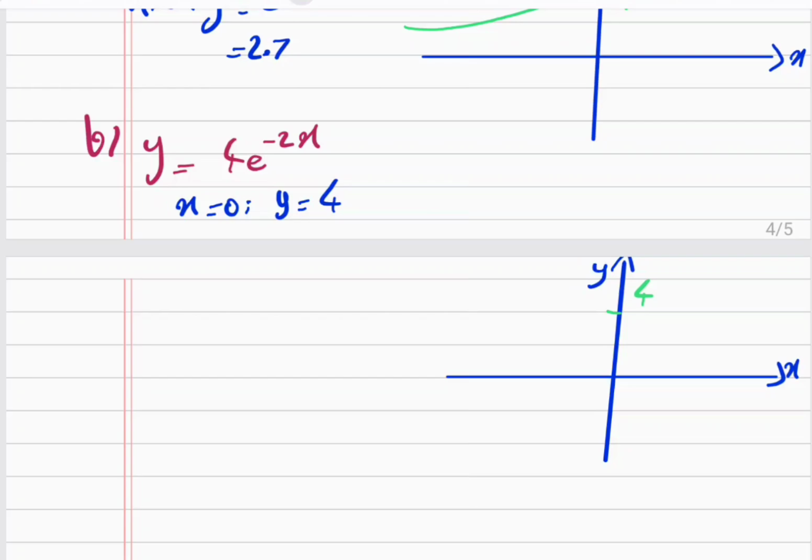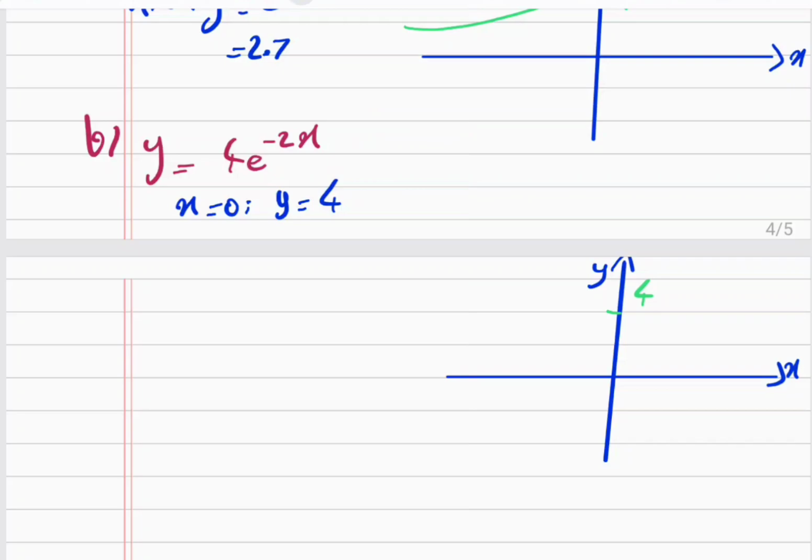But also one more thing to note is that we have e to the power minus 2x. So this minus 2 is basically a stretch with a scale factor of minus a half. So two things happen. The first thing is that if we just look at the magnitude without the sign, 2x is a transformation in the x direction with a scale factor of a half.